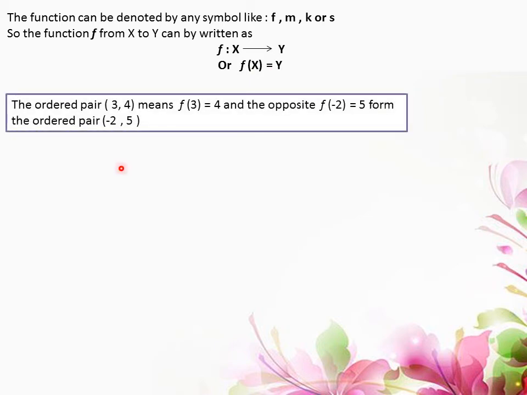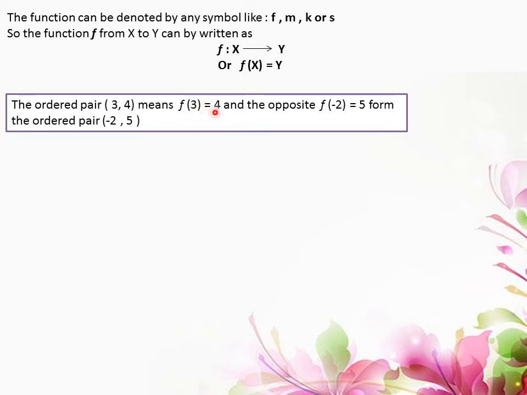So the ordered pair (3, 4) means F(3) = 4. The image of 3 is 4. If we substitute in the function by 3, the result will be 4.